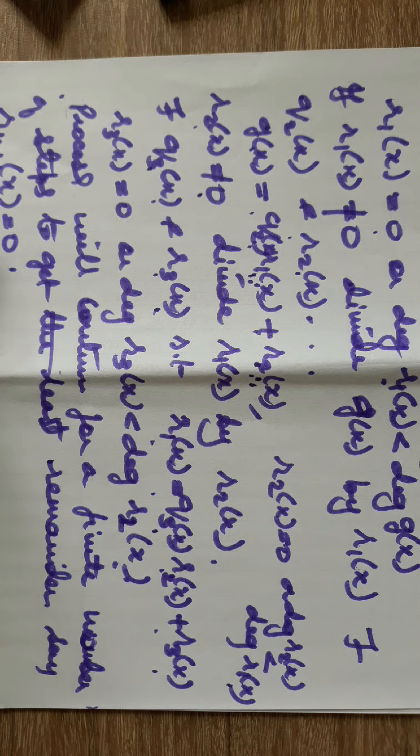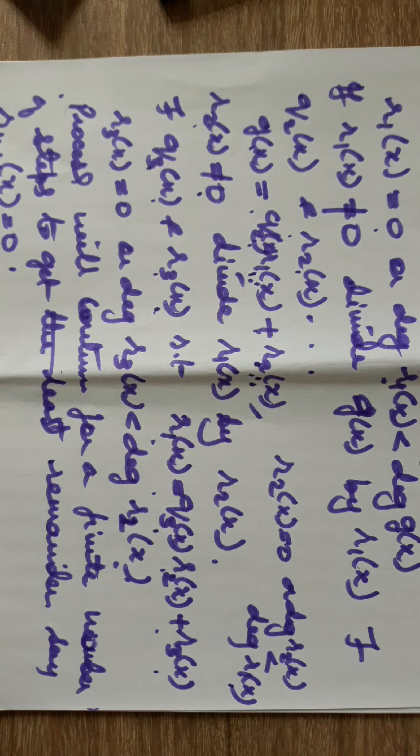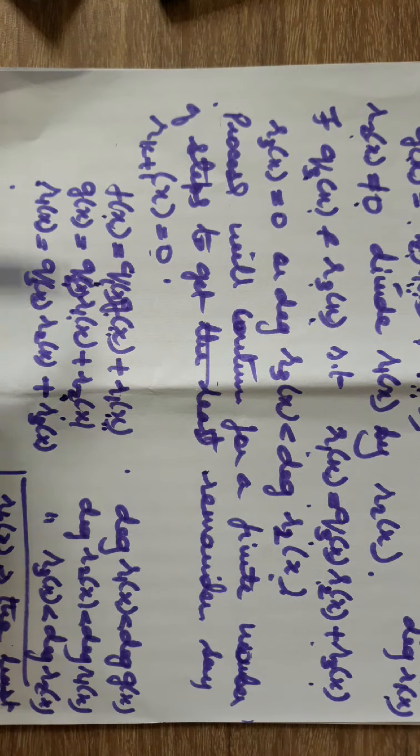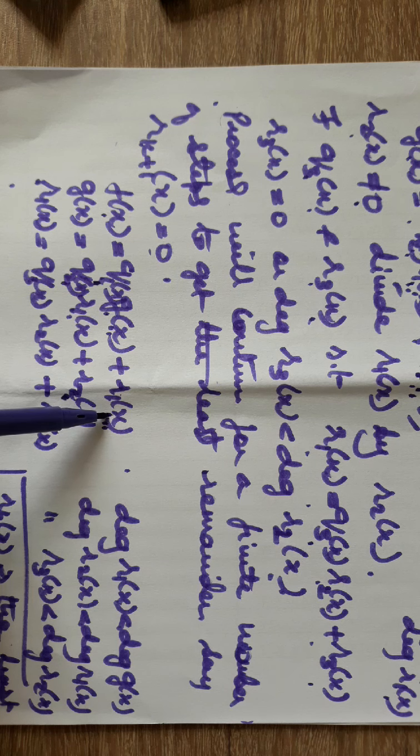So first you divide f(x) by g(x), giving q1(x) and r1(x). If r1(x) is not equal to 0, you divide g(x) by r1(x), giving q2(x) and r2(x).